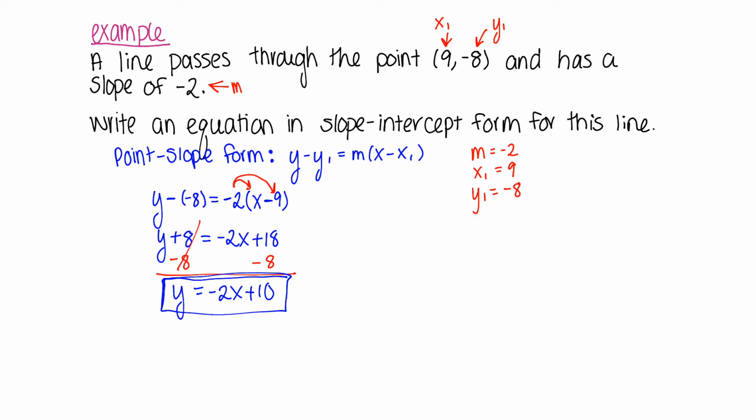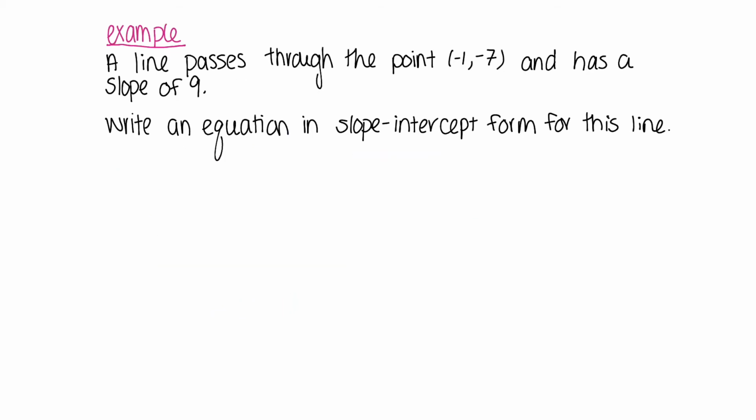So for the last problem, why don't we try both methods and you can see the compare and contrast of them. We have a line that goes through the point negative 1, negative 7, and has a slope of 9. If we do the y equals mx plus b form, which is slope-intercept, we know the slope is 9, so m is 9, and the point we were given is negative 1, negative 7.